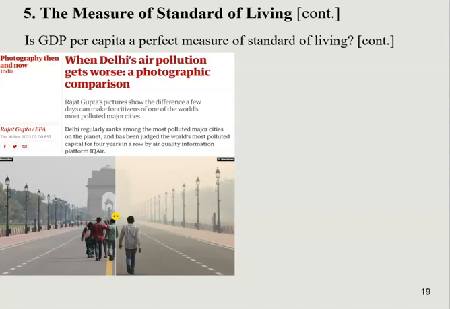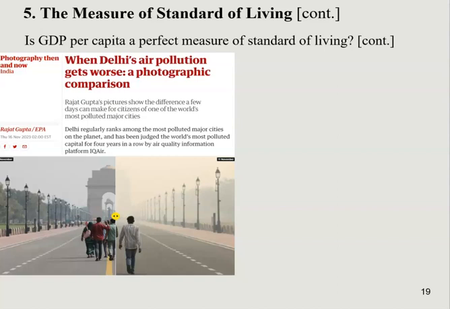The first one was taken in November, this year, November 1st. I'm sorry, the one on your left. The one on your right was taken on November 11th, so just 10 days apart. Then you see a big difference because of the air pollution.